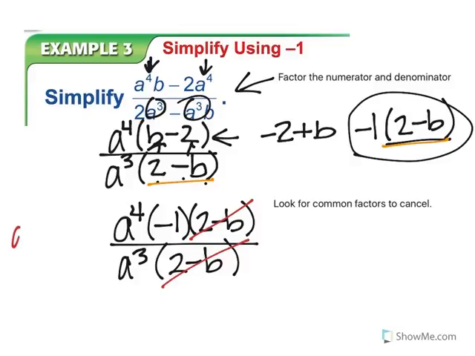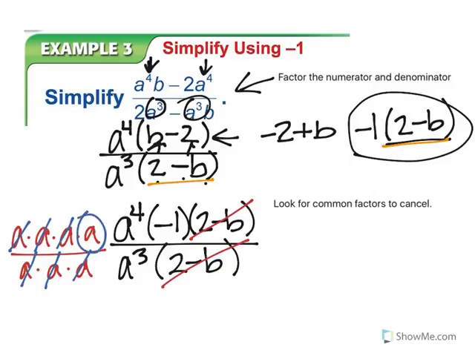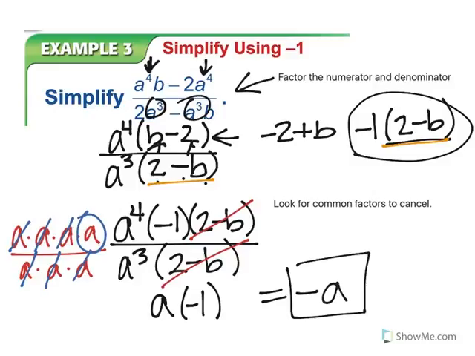And this is saying that we have a times a times a times a divided by a times a times a. We actually have 3 of these a's that are going to cancel out on the numerator and denominator, and we're going to be left with an a. Okay, so we're left with an a times -1. Everything else was canceled. So our answer is -a.